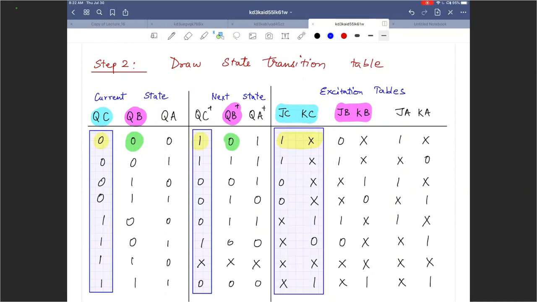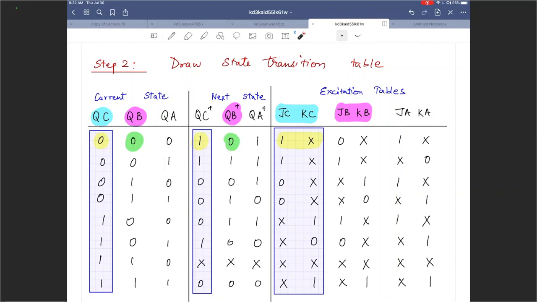This is simply by looking up the excitation tables of the JK flip-flop. And similarly, I look at QB and QB plus to find out JB and KB, the inputs to flip-flop B. And I look at QA and QA plus to find out JA and KA. Looking up excitation tables, but many times. So a lot of repetitive work, but not difficult at all.